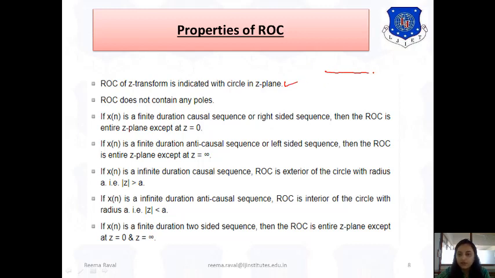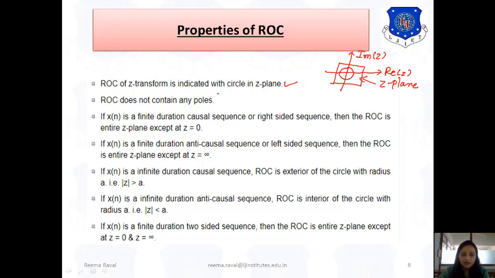That means whenever we are finding the ROC of any X of Z, we will take the plane like this, which we will call the Z plane, with the real part of Z on this axis and the imaginary part of Z on this axis, right? And we will consider this Z plane, and for the particular range we will take the unit circle, and according to that we will define the range and we will define the ROC.